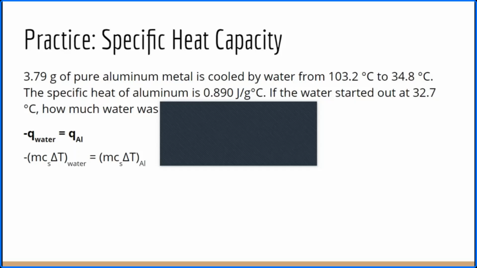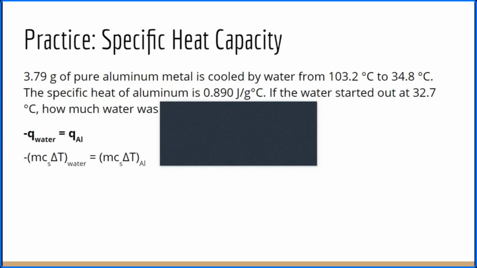And so you see what we're going to do here is for the water we have been given, we know the specific heat capacity. It's 4.184 joules per gram Celsius, as we saw earlier in this slideshow. We also know the change in temperature. Even though it's not specifically given, we see that the aluminum metal is cooled to 34.8 degrees Celsius.